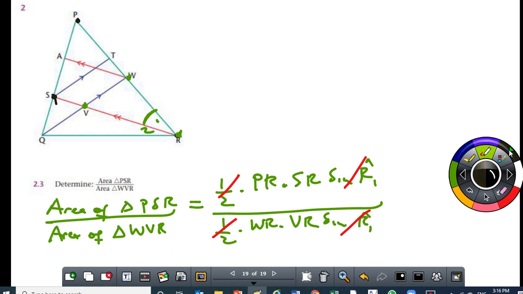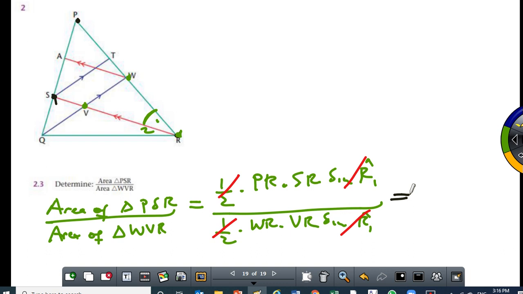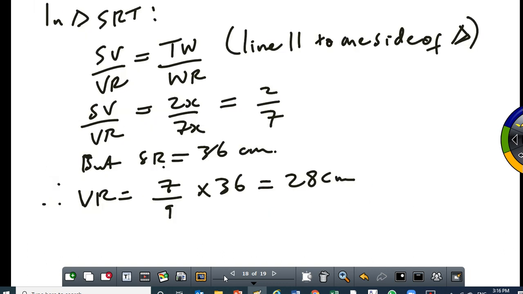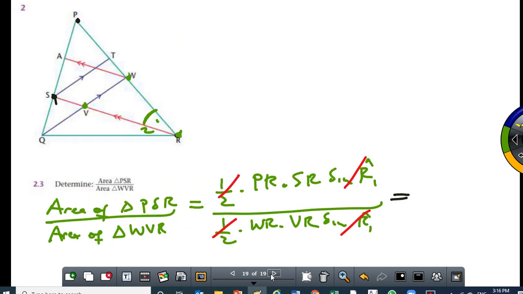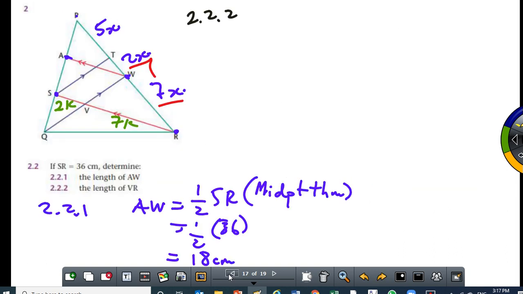You are left with PR, which from the diagram is 5x plus 2x plus 7x, that gives 14x, times my SR, which is 2k plus 7k, that's 9k.